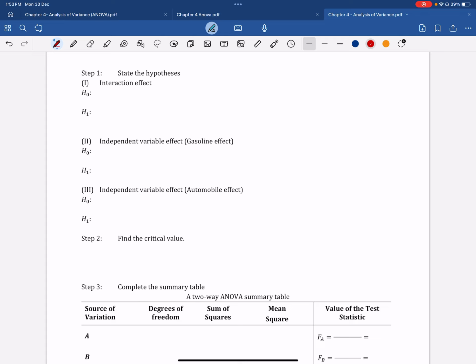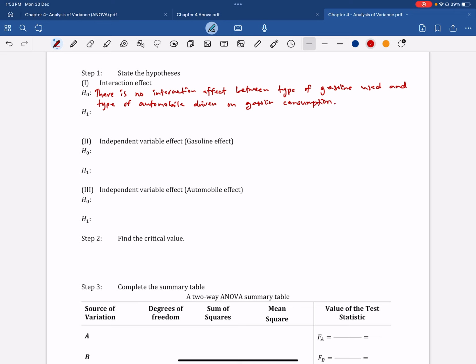First the first independent variable and then the second independent variable. For H0, there is no interaction effect between type of gasoline used and type of automobile driven on gasoline consumption.